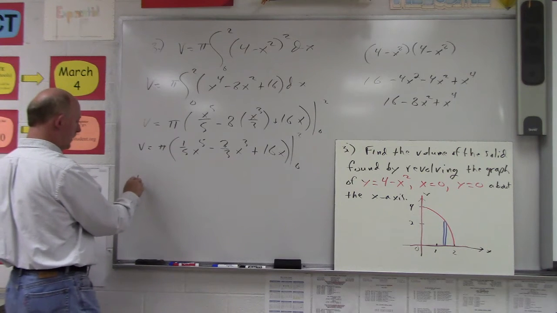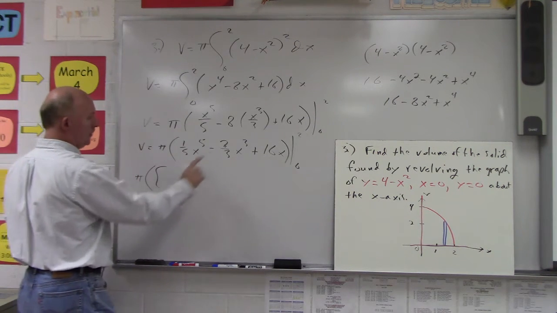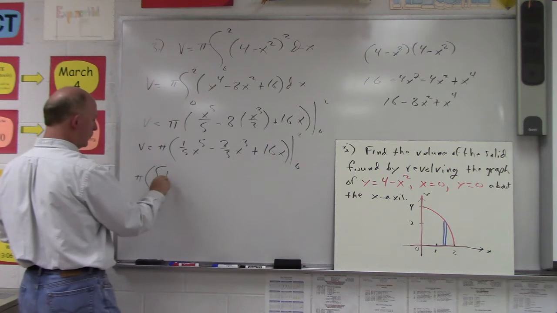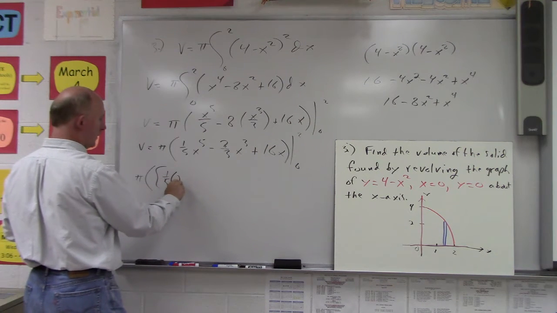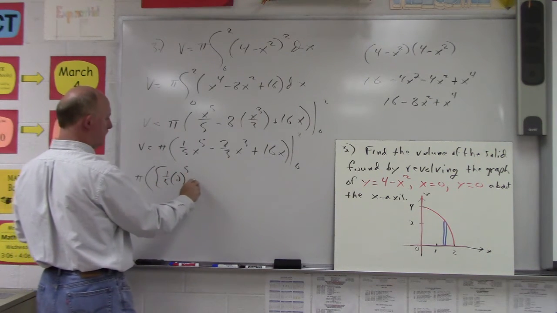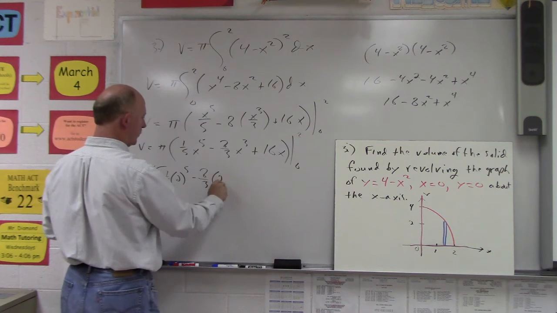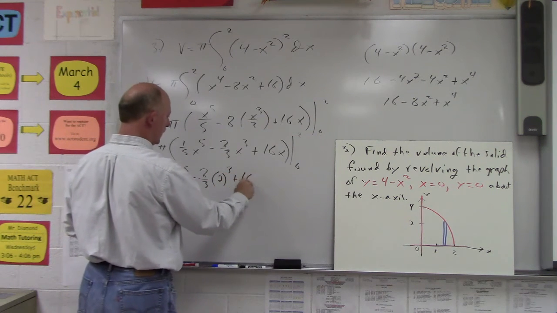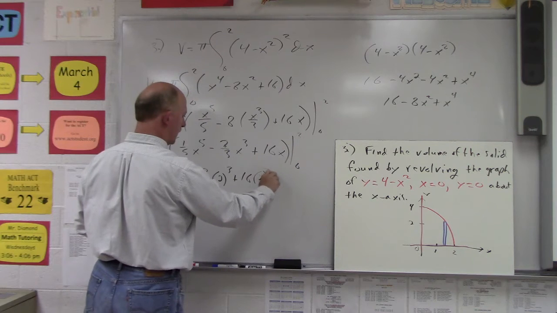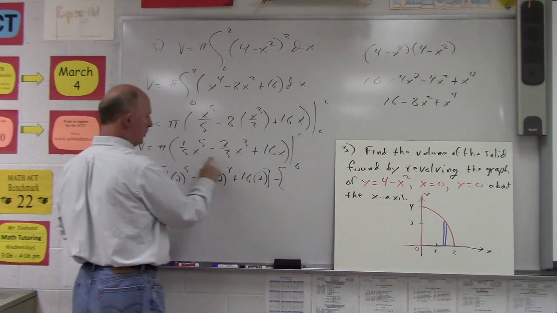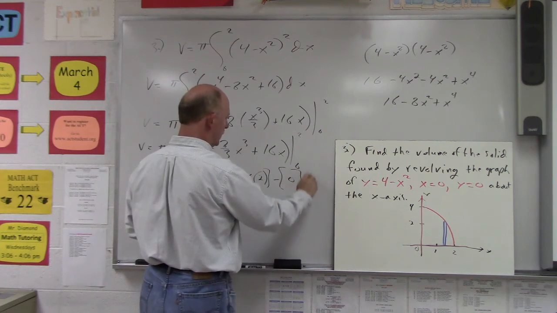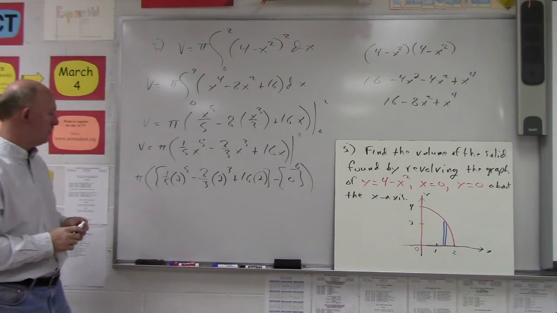So this will be pi times, substituting the upper bound in first, 1/5 times 2 to the fifth power minus 8/3 times 2 to the third power plus 16 times 2, minus, substituting 0 in for x, this is all going to be 0.